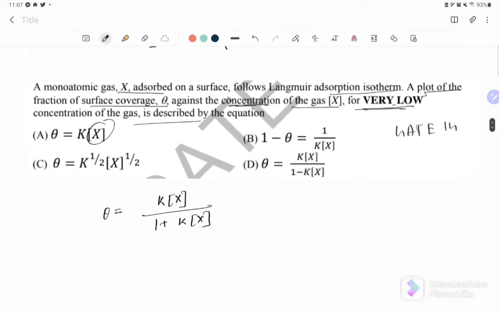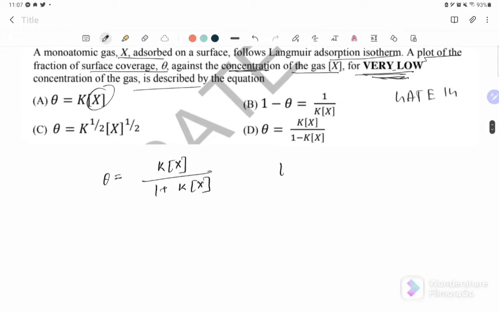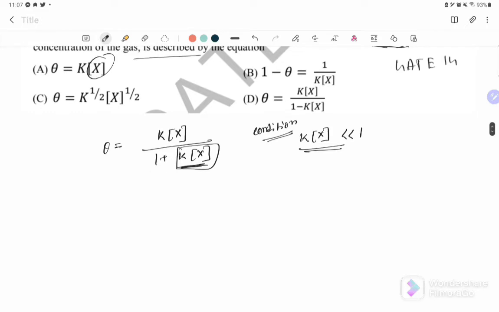Here it is said that it is a very low concentration, so KX is very much less than 1, so 1 plus KX will be 1, and theta will be KX by 1, that is KX.